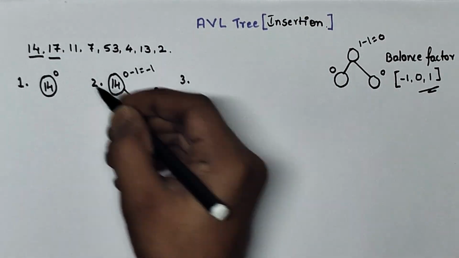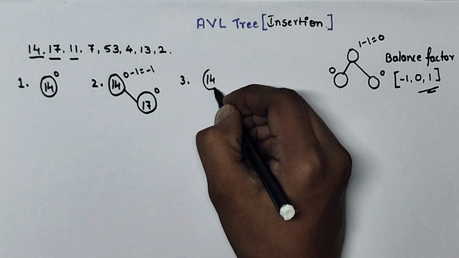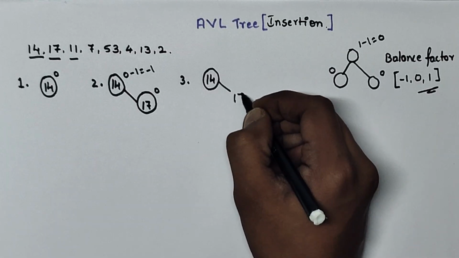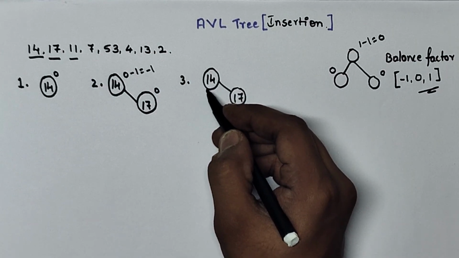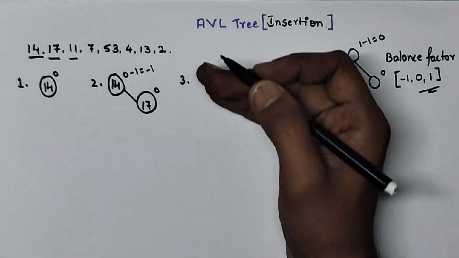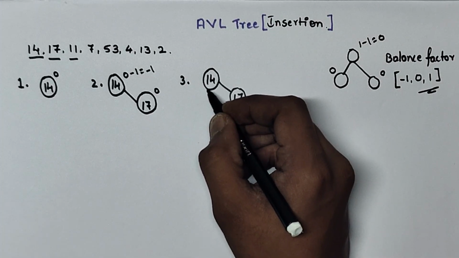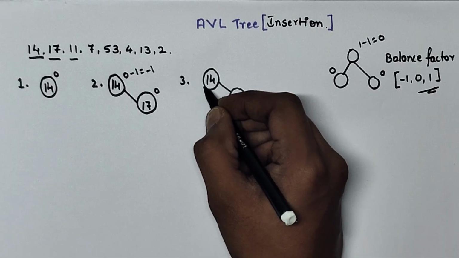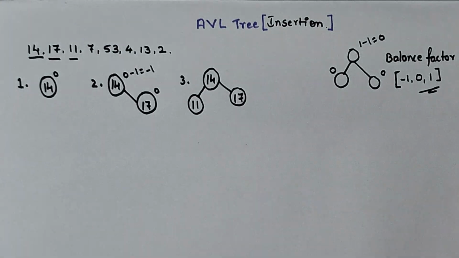Now at the third step I want to insert 11. So 14 will be as it is and 17 will also be as it is. Now 11 is less than 14. First you must compare with the root node, and only then proceed going as deep as possible. So 11 is less than 14, so I will write it on the left side of the root node.